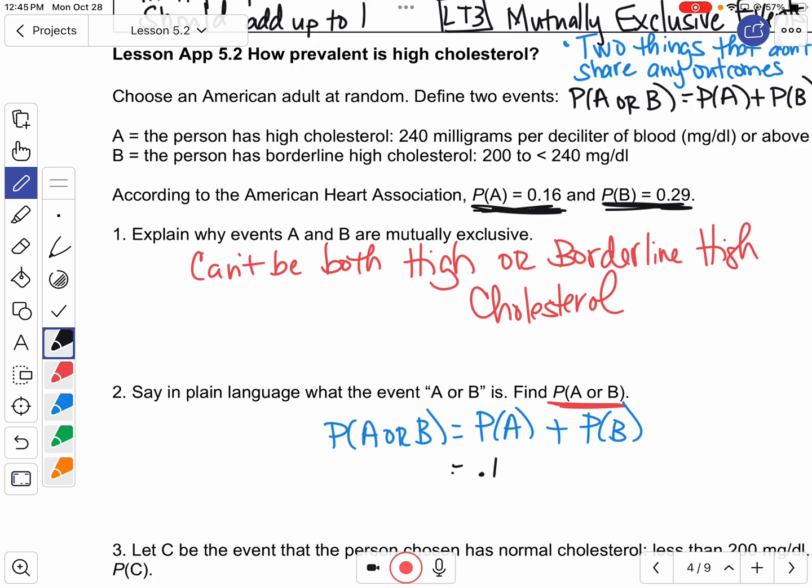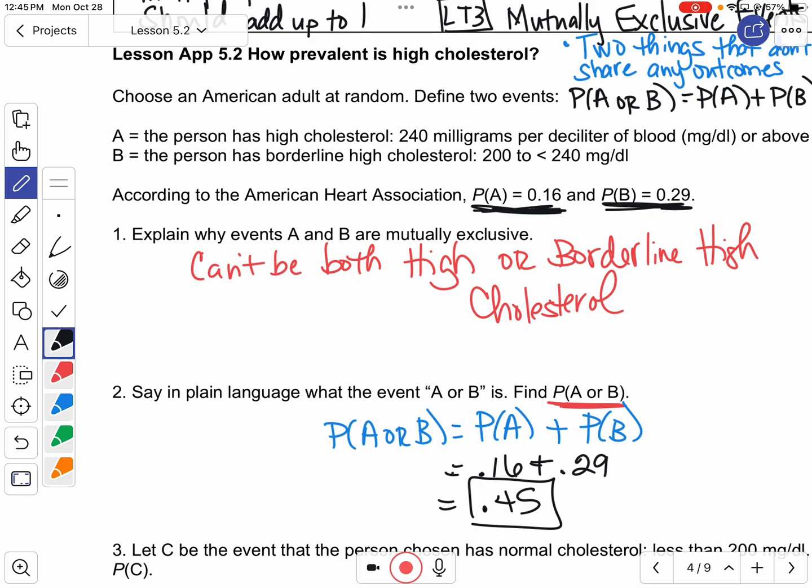So we would take 0.16 plus 0.29. Okay? What's that add up to be? 45? Okay? So it'd be 0.45. So we just added them together. Can't be both, high or borderline high. And to put them together, we're just going to add. Right?